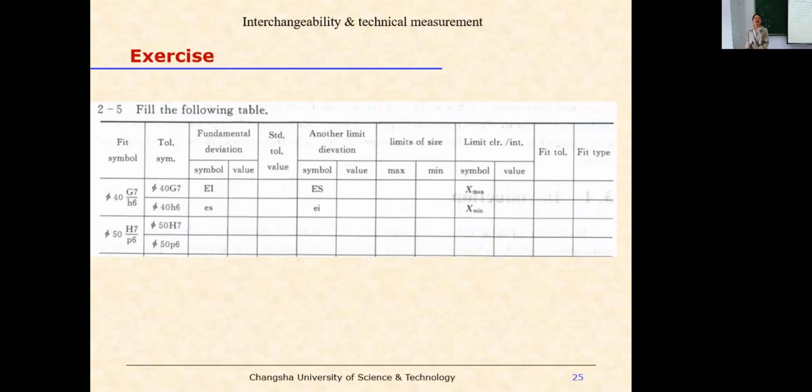Okay, draw the diagram. Send your PPT to the group. Please finish the homework. Online students, please finish it too.